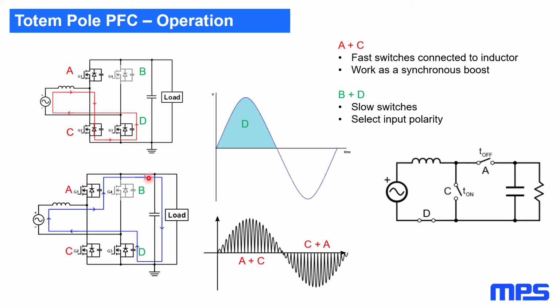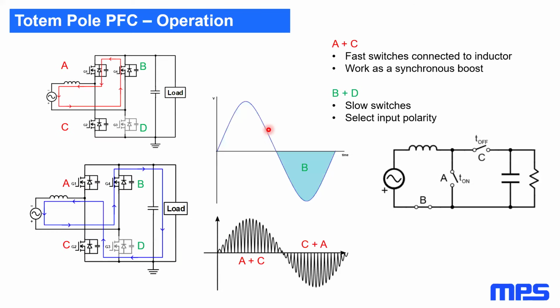And so they will operate as a synchronous boost with the D MOSFET always on during the positive polarity. And then for the negative polarity, it's the same thing. The two fast switching switches will operate as boost, and now it's the B switch that will be on all the time, and D switch will be off during the negative polarity.